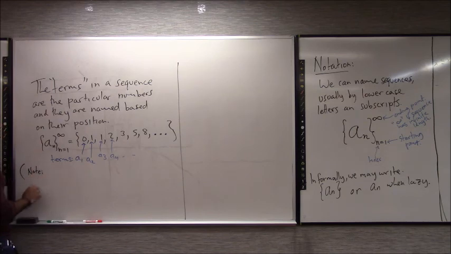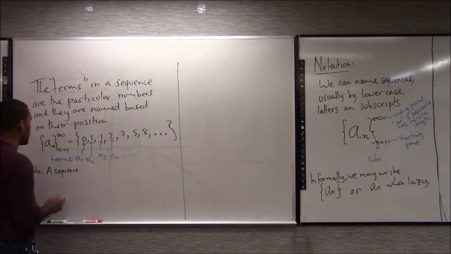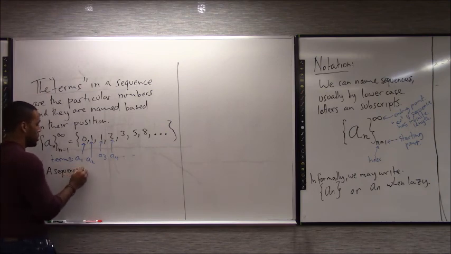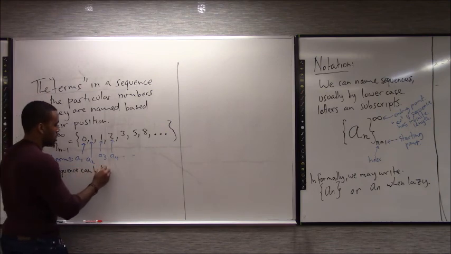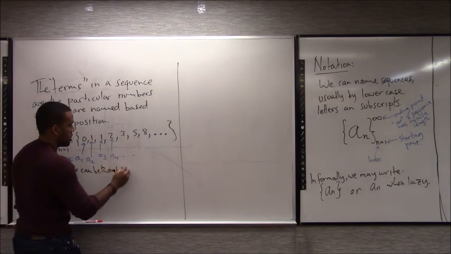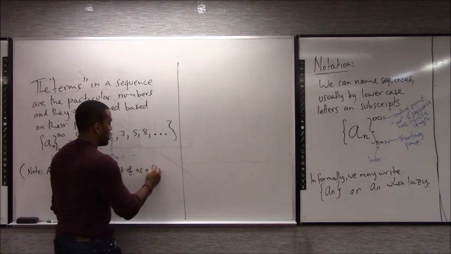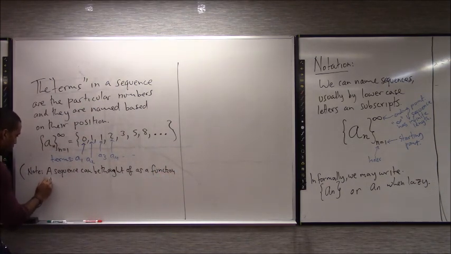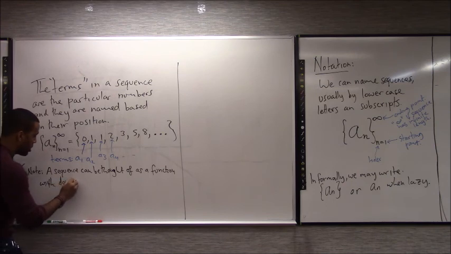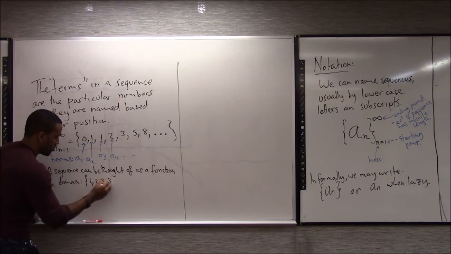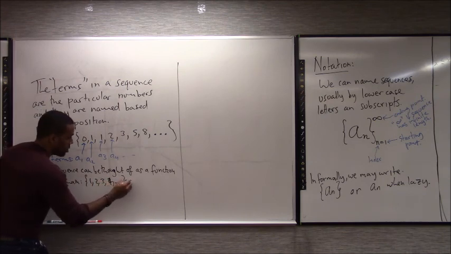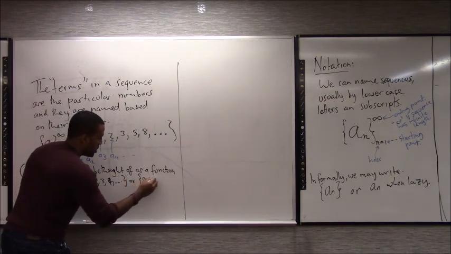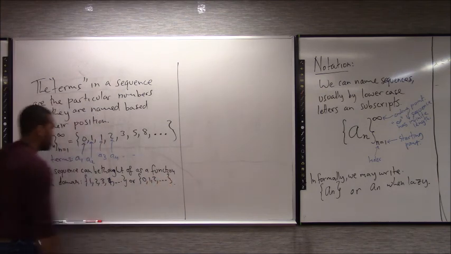Note, a perhaps better way to think of a sequence is as a function with domain just the set of positive integers, or sometimes the non-negative integers, depending on the disposition of the author.